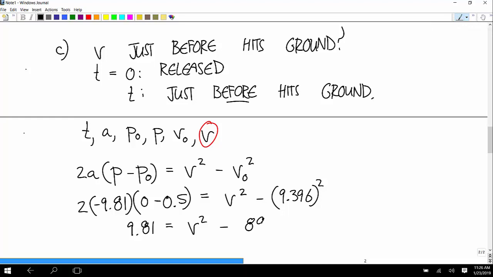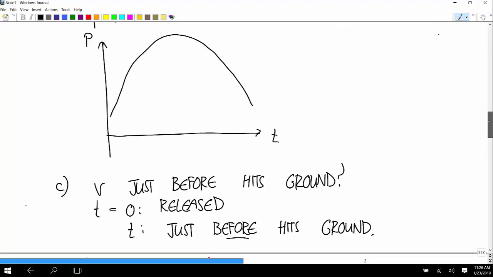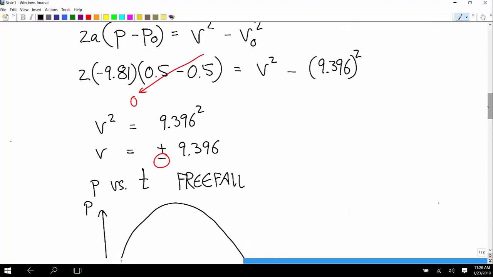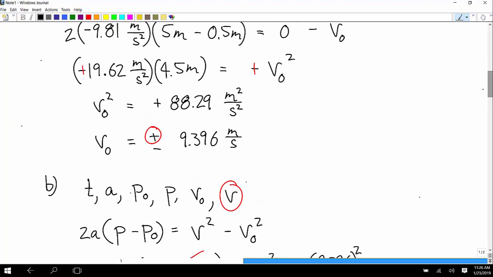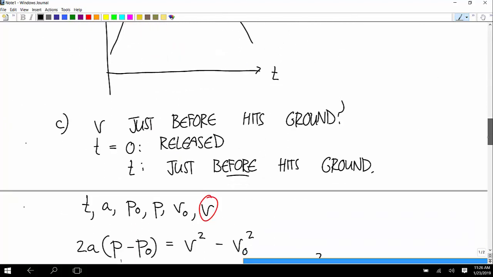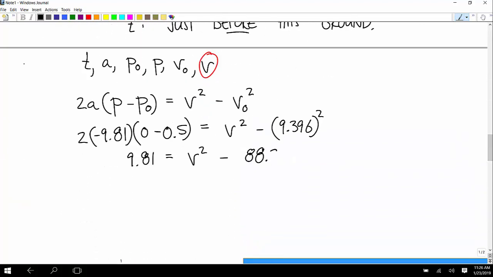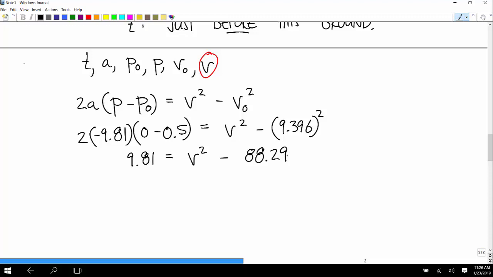What did we get before? 88.29. And so add that to both sides, and you get v squared is equal to 98.